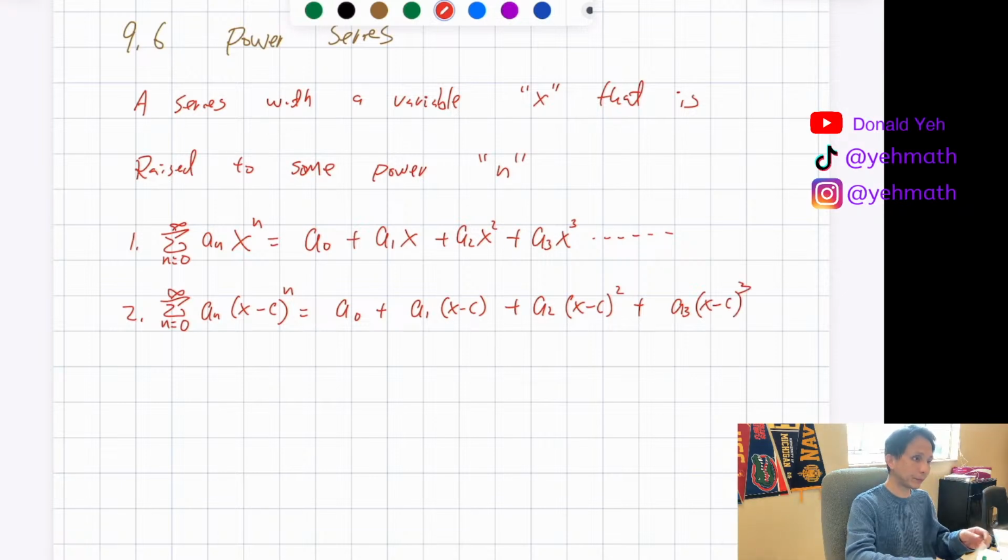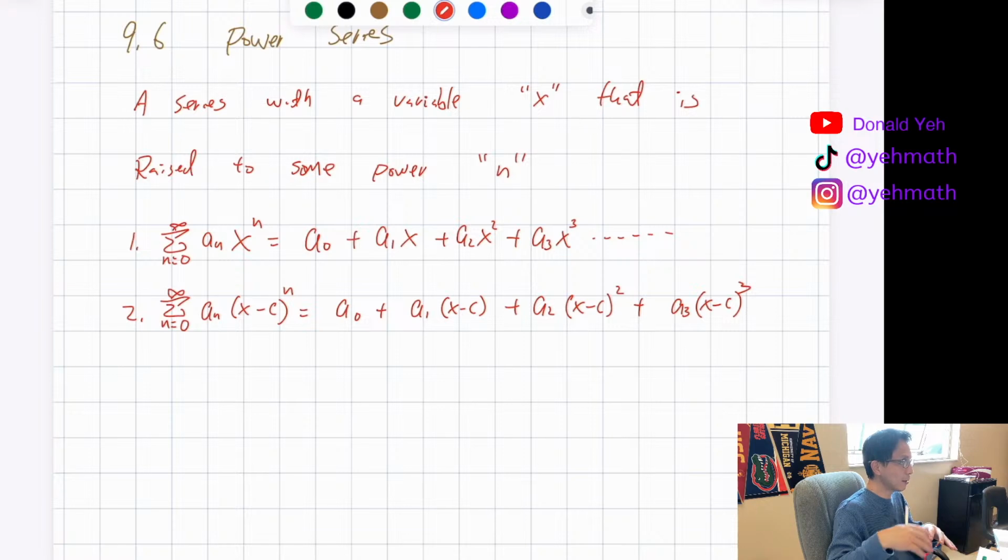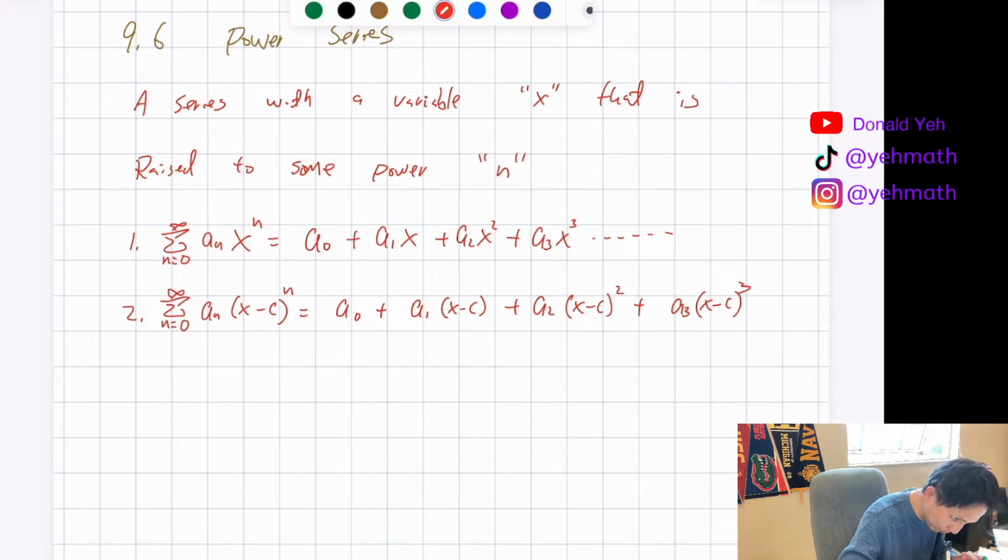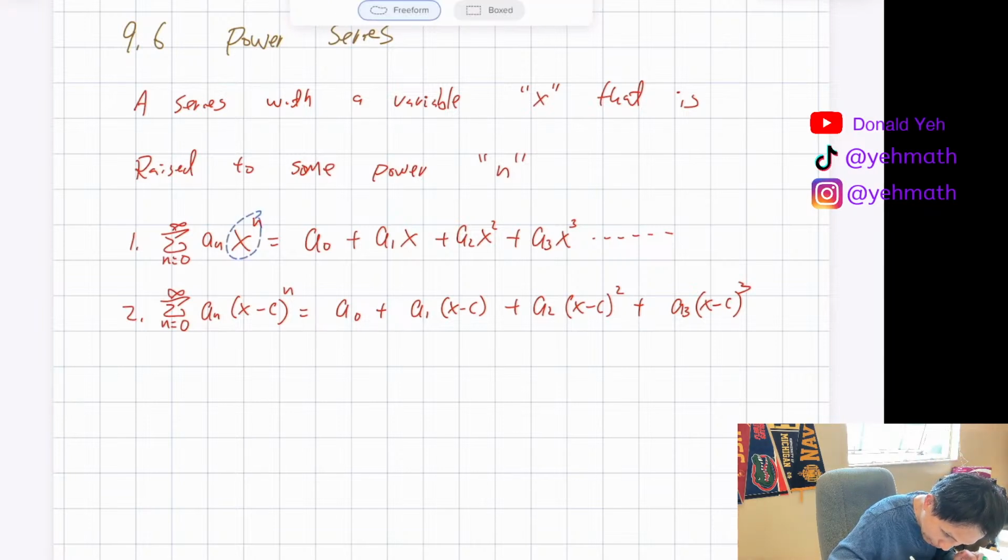So these are two types of representation of power series. Later on, this representation centered at c is very similar to something called the Taylor series and the Maclaurin series. A Maclaurin series is centered at 0. A Taylor series can be centered anywhere. So it's very important for you to know this.